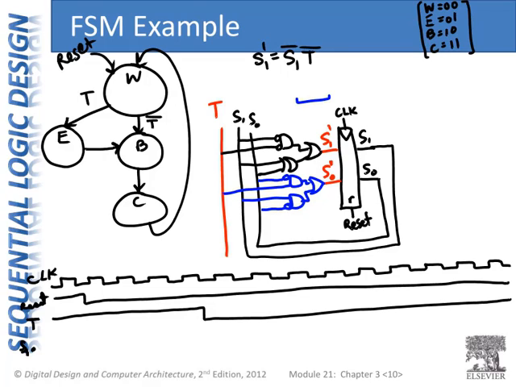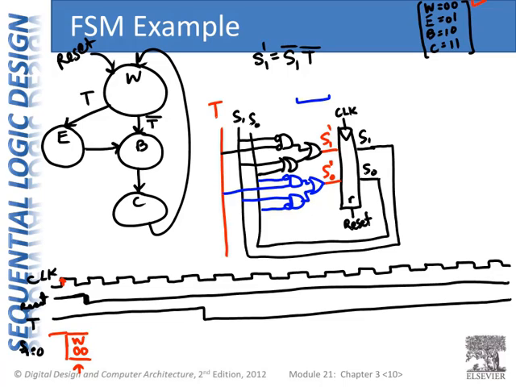Well, when reset is 1, if it's synchronous, at the clock edge it gets reset to a known state, particularly the 0, 0 state, which is W. We'll draw our state bits here. So this is the 0, 0 state, the W state. And when we have multiple bits, we will show it as this kind of block showing state bit 1 and state bit 0 together. So they're both a 0 in that case.